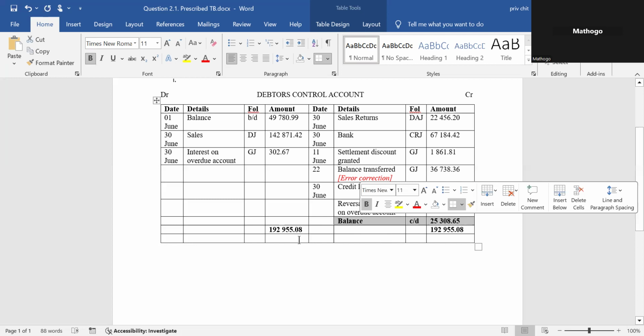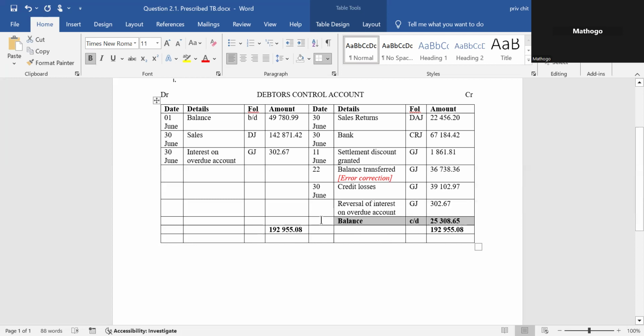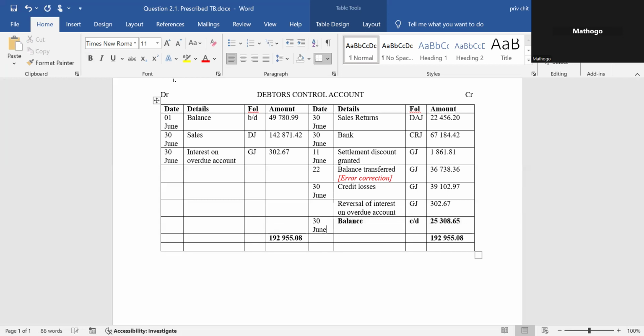As on which date? June. So it will be the closing balance at the end of the month of June. But remember, in the next month, which will be July, it becomes your opening balance.